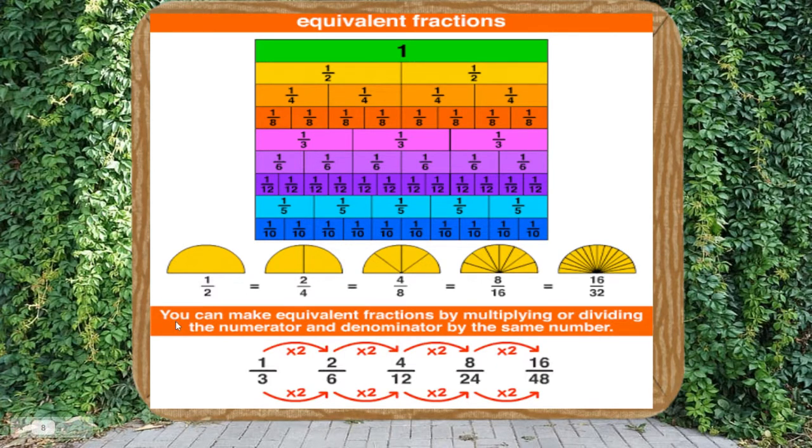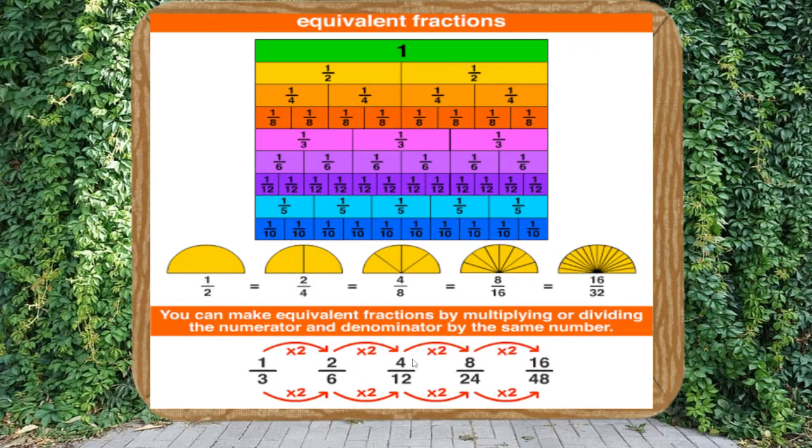So again, you can make equivalent fractions by multiplying or dividing the numerator and denominator by the same number. If we take 1/3 and multiply it by 2 in the numerator and 2 in the denominator, we get 2/6. If we take 2/6 and multiply the numerator and denominator by 2, we get 4/12.